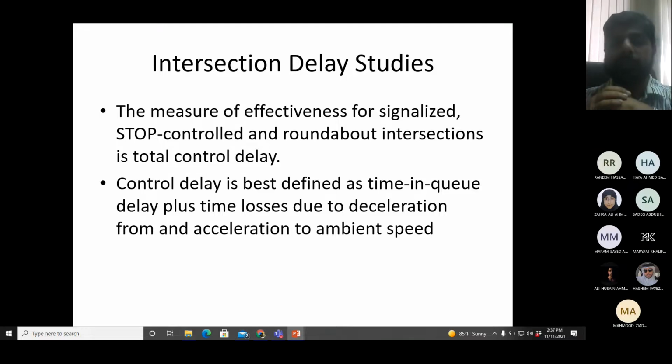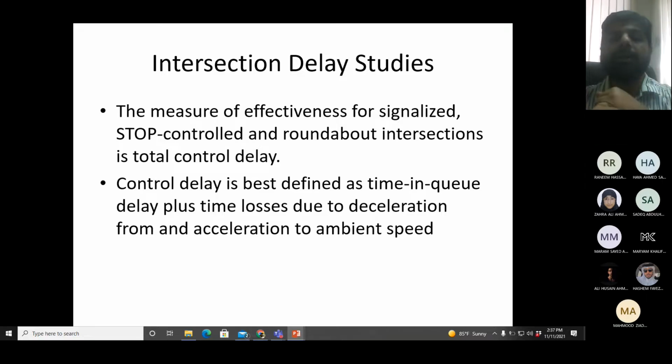So that is your time in queue delay. Time in queue delay is counted from the point of time when you join the queue till you cross the stop line. So this is one part of control delay.